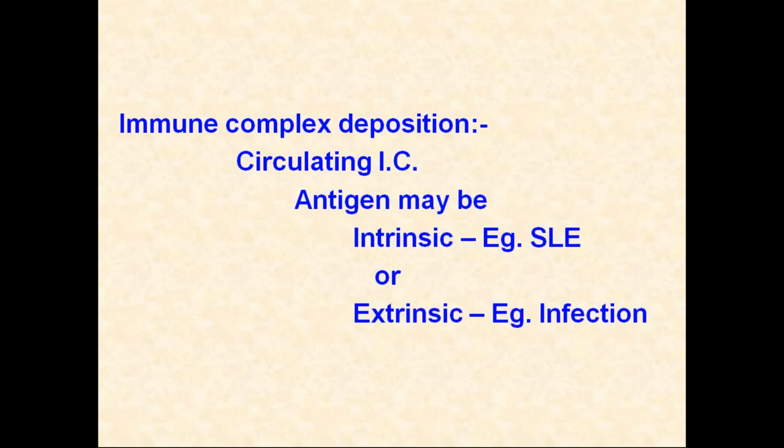We have discussed this extensively, this is just a brief recap. Then immune complex deposition: the immune complexes can be circulating and deposited, or formed in situ. These immune complexes are antigen and antibody, and the antigen can be intrinsic, like in systemic lupus erythematosus, or extrinsic, for example due to any kind of infection.